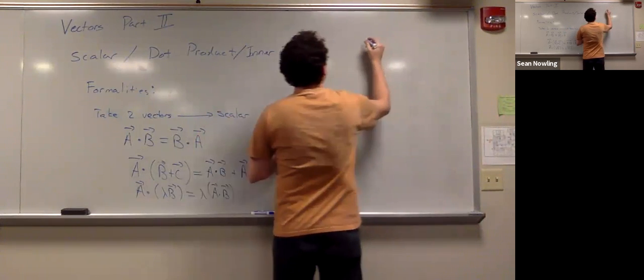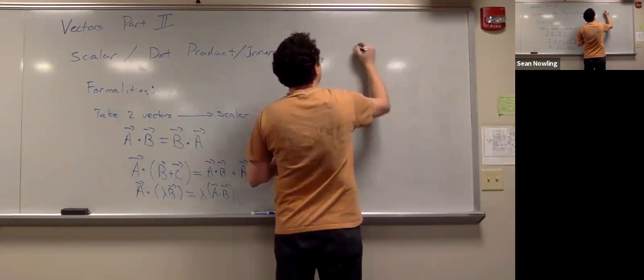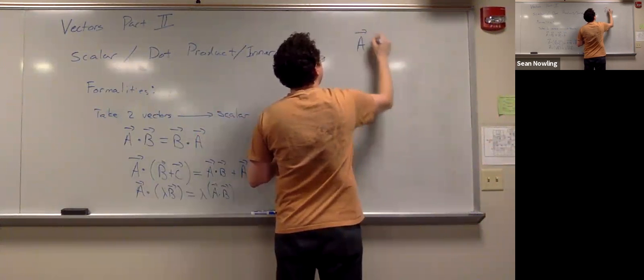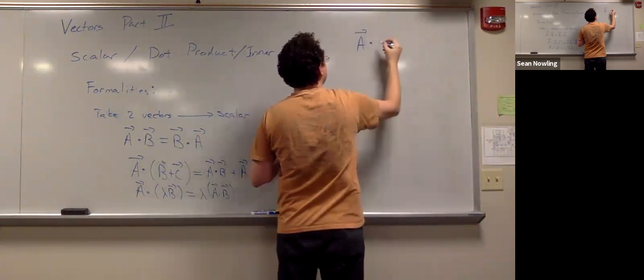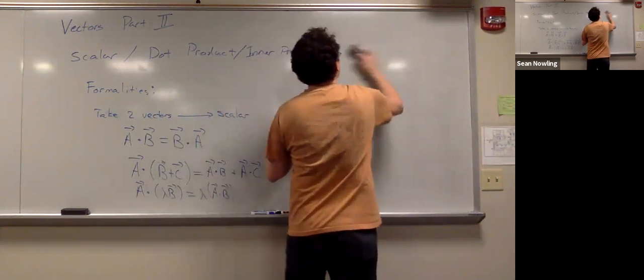All right, so more explicitly, we have the following definition. The dot product between two vectors, well, let me draw them first before I get into this.